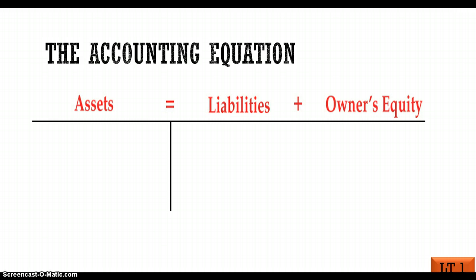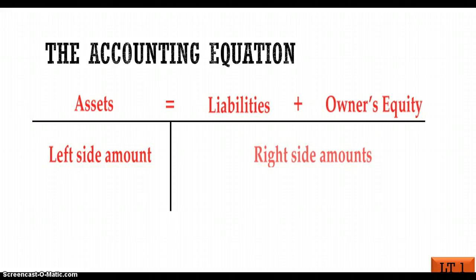Another way to look at this is the left and the right side of the account. Assets always have their amount on the left side, and liabilities and owner's equity always have their amount on the right side. When you are doing your accounting equation, it is absolutely vital that your assets equal your liabilities and owner's equity. Or in other words, the 2 sides of the equation must always balance.